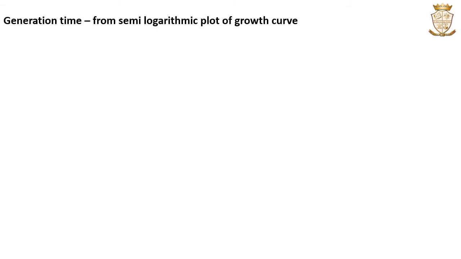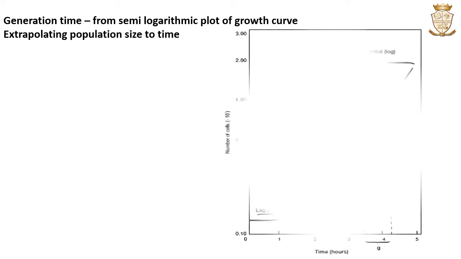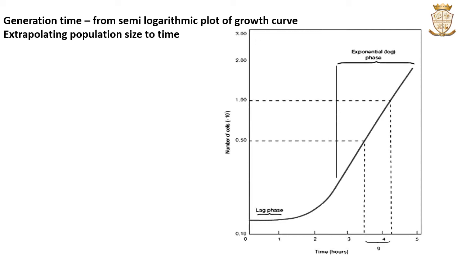The mean generation time G can also be determined directly from a semi-logarithmic plot of the growth curve. We can calculate generation time by extrapolating the population size to time.